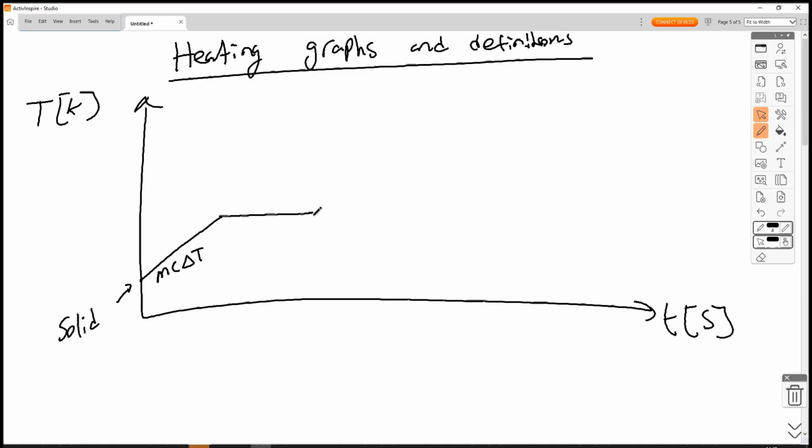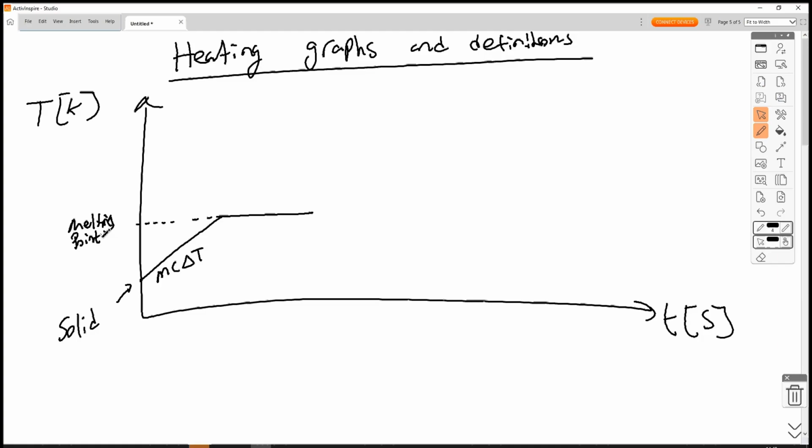Then it reaches a point where its temperature remains constant. Now, if we're supplying energy at constant rate here, then that means this here is the melting point. So that's melting. Melting point.